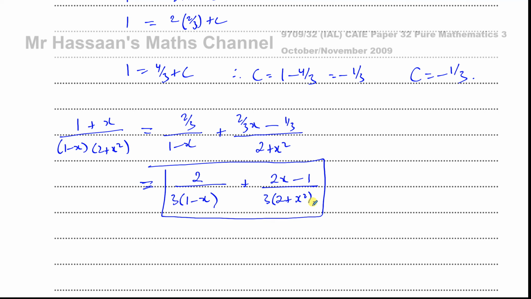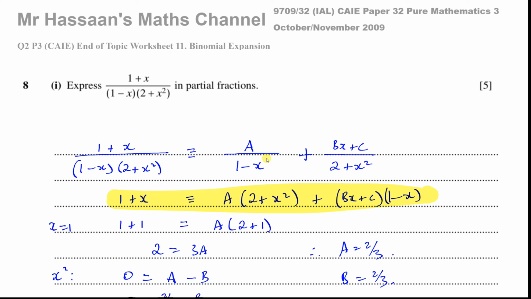Right, so there is the answer to part 1 of this question. Now I'm going to save part 2 in a separate video because I want to save this part of the question under the topic of partial fractions, and part 2 will be saved under binomial expansion.